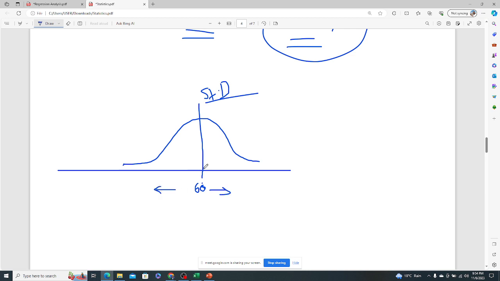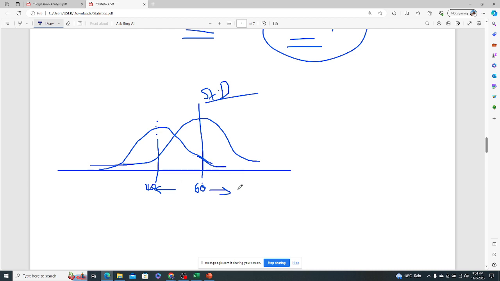In that case, the normal distribution will shift to this side, meaning here we might have a mean of 40.